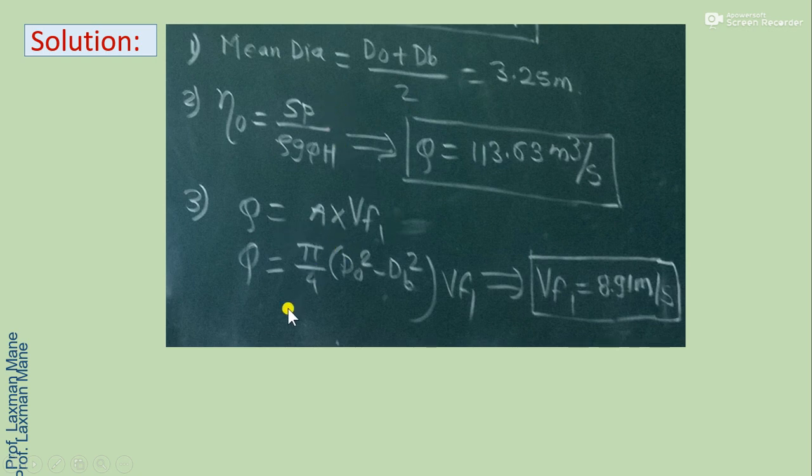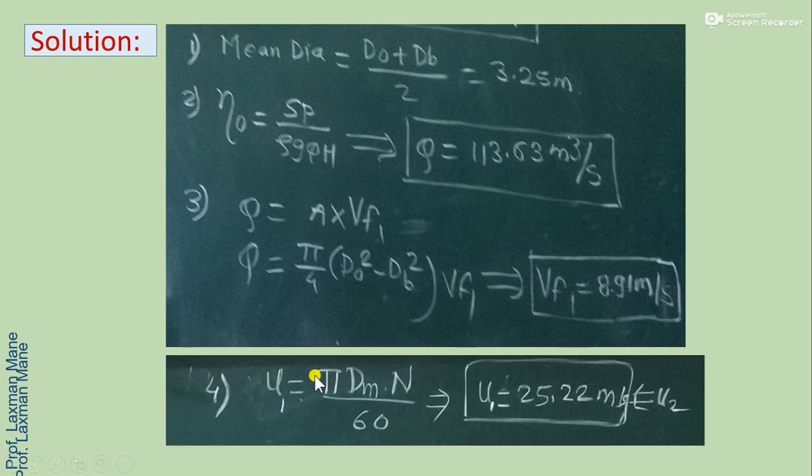Then discharge is equal to the formula, from that we get flow velocity. So this is again the same as the earlier numerical. Then blade velocity. Now here we have to use mean diameter, pi Dm N by 60. So blade velocity we calculated on the basis of mean diameter.